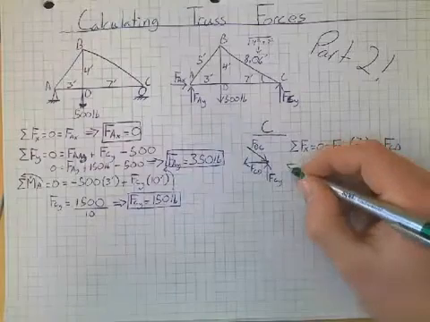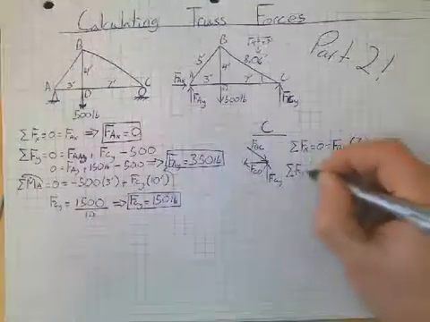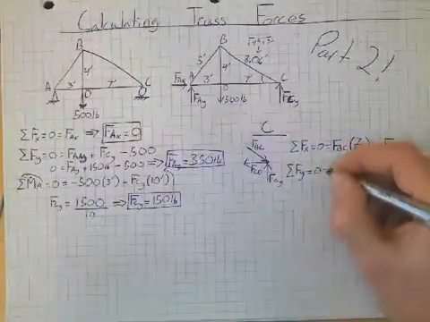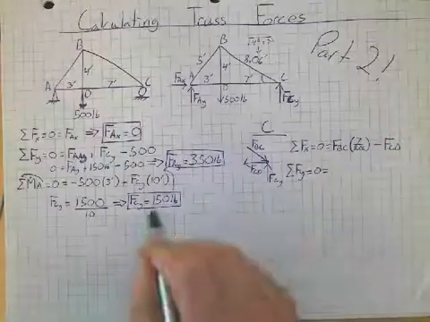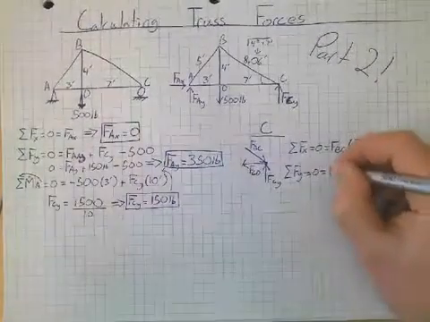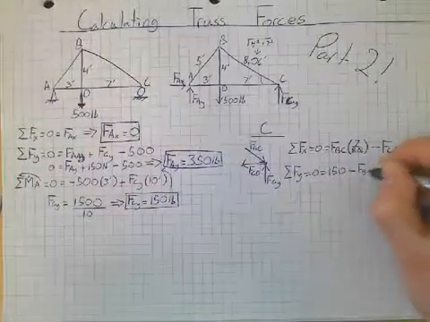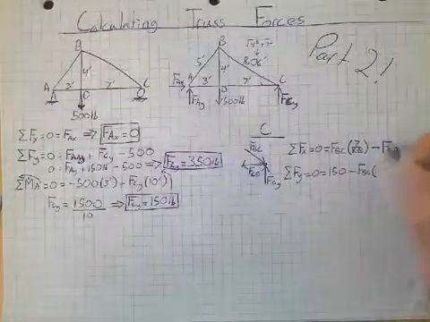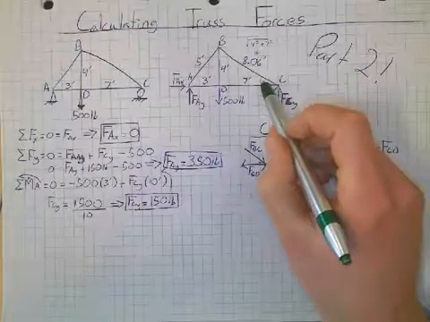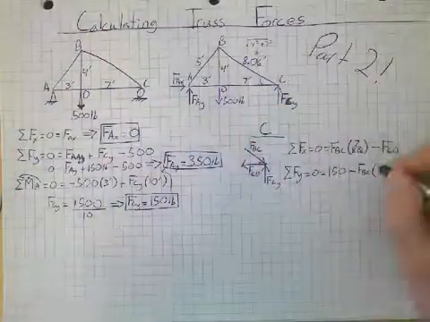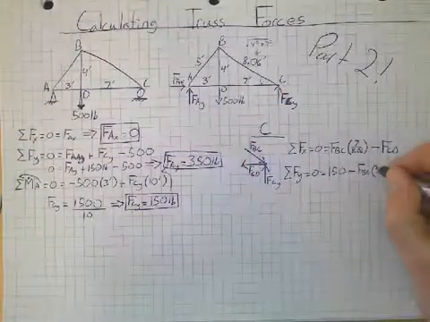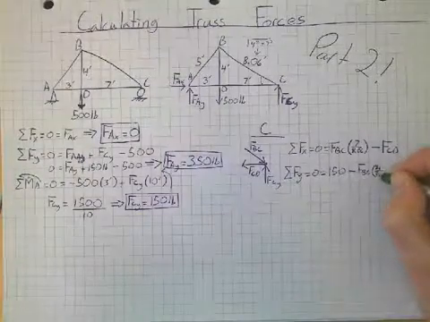I'll say the sum of my forces in Y equal to 0, and that's going to be FCY, which I just calculated to be 150, minus FBC times the sine of theta, which in this case would be 4 over 8.06, opposite over hypotenuse.